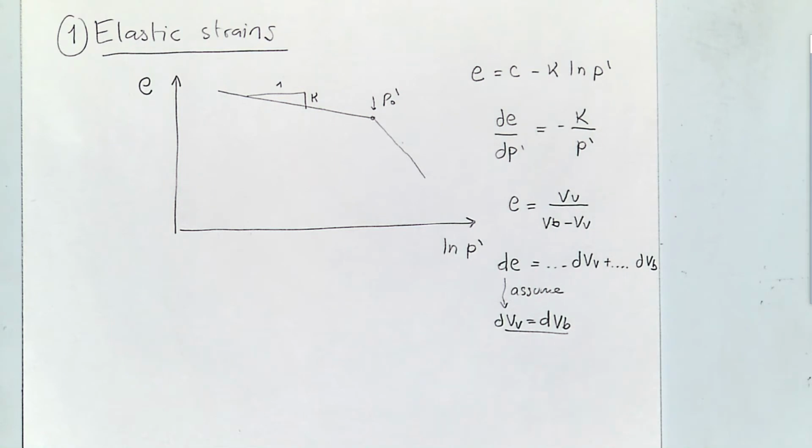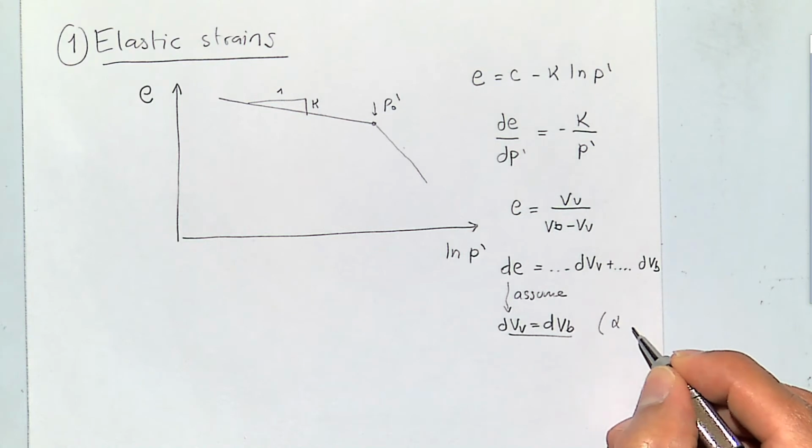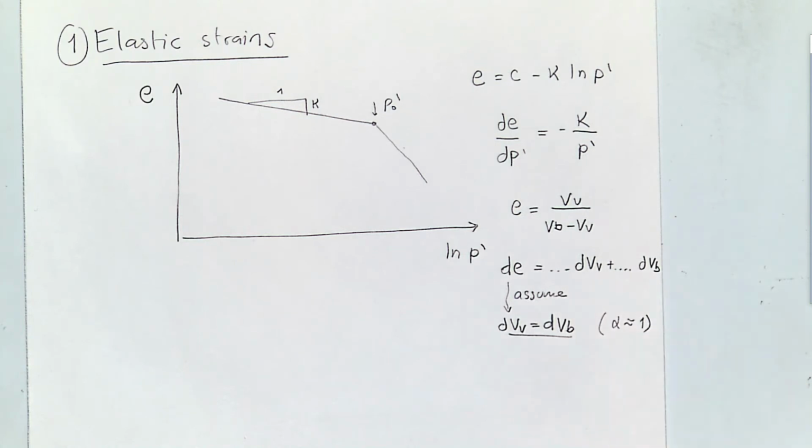The grains are not compressible. So this assumption does not take into account pore elasticity, and it usually works well for soft sediments in which all the loss of porosity transforms into volumetric deformation. We are not accounting for the compressibility of the grains. So you could say in this case, alpha, the poroelastic coefficient, is equal to 1.